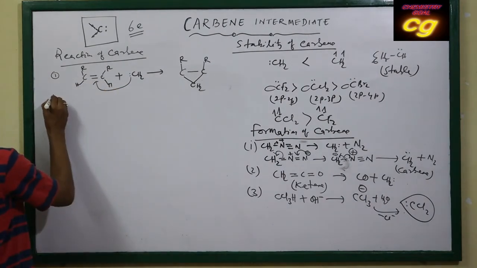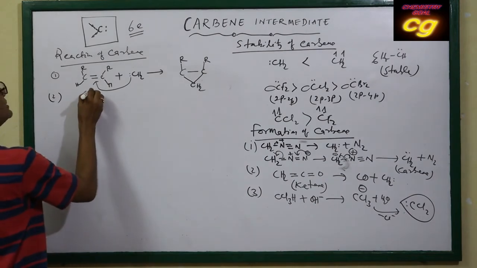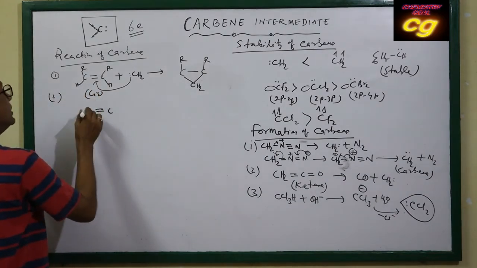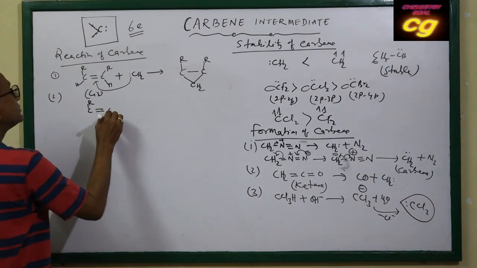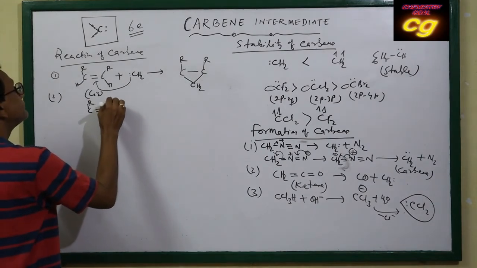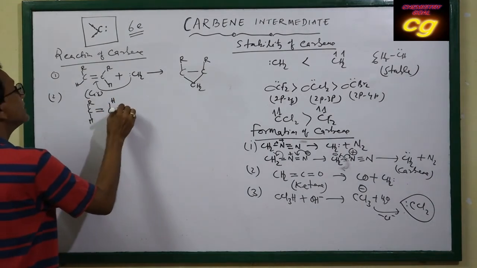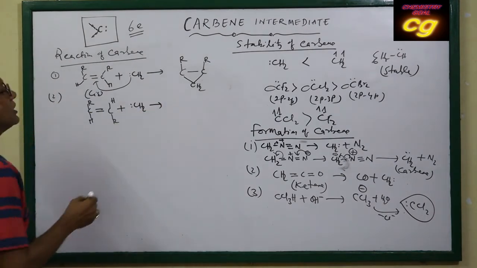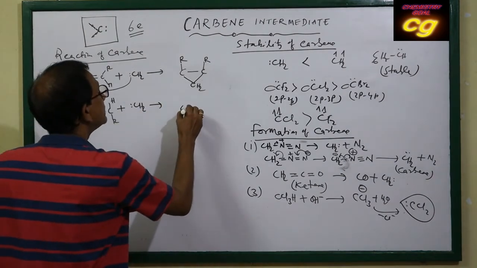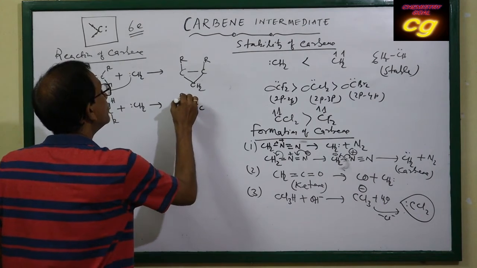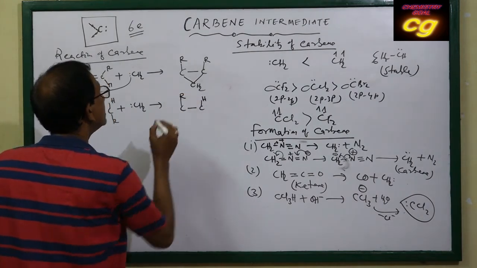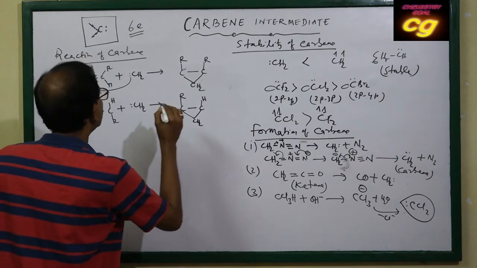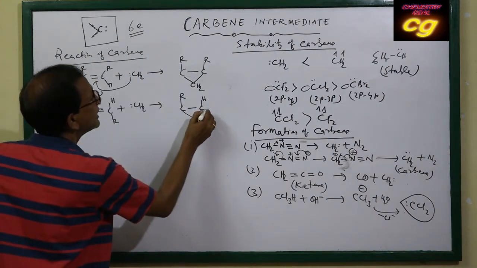But if this is the cis form, and you take trans, then here one H remains, and on formation with carbene, the remaining R will be in another plane.